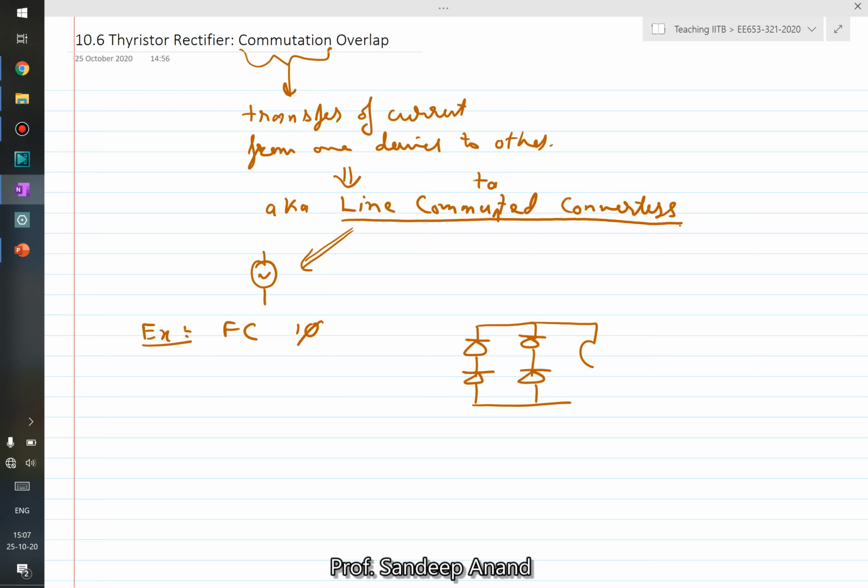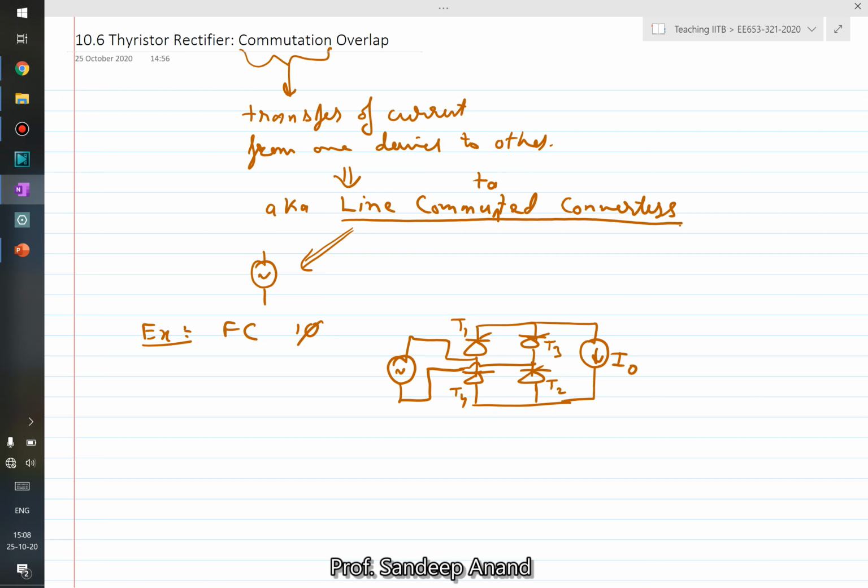Let's assume load which is highly inductive for the time being. Current is I0, and this was connected to source, right? Now in this case, when the current, let's say, is flowing through T1, let me number it, T1, T2, T3, T4, right?